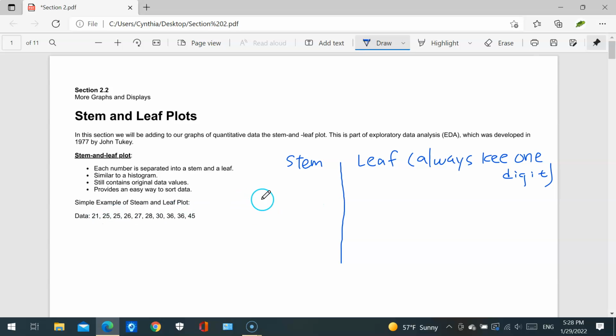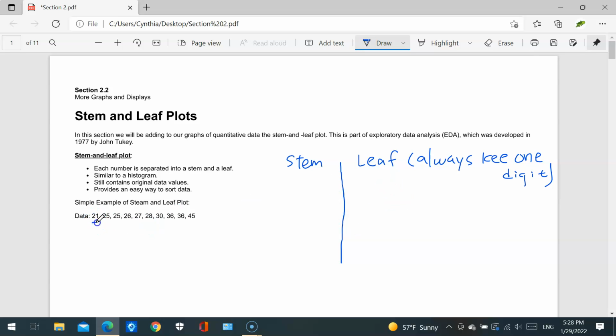When you apply your data into the stem and leaf plot, the first step is to sort it. Put your data in order, ranking from the smallest to the largest, so that it's easier to apply the numbers into the plot.